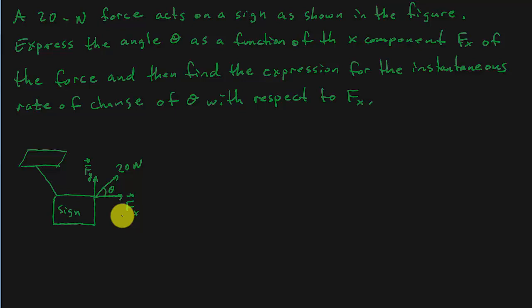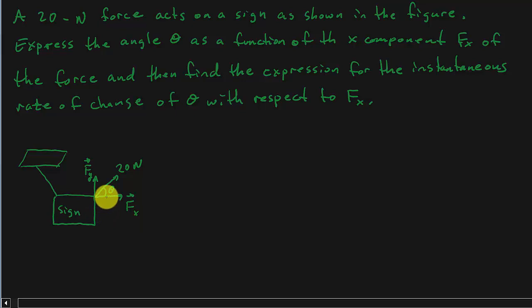Yeah, it'll be cosine because, see, if we drop this down here, we got a right triangle, and this is the side adjacent. This is the hypotenuse, so we know that's going to be cosine. So we know cosine theta is equal to adjacent over hypotenuse, which is f sub x over the 20 newtons force.